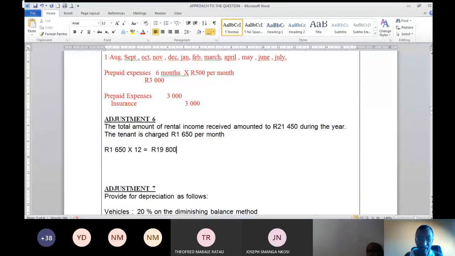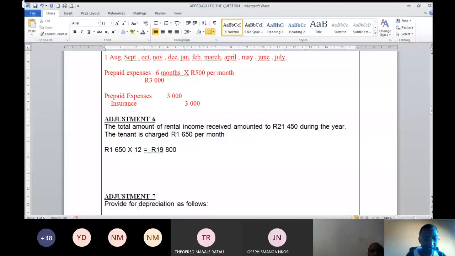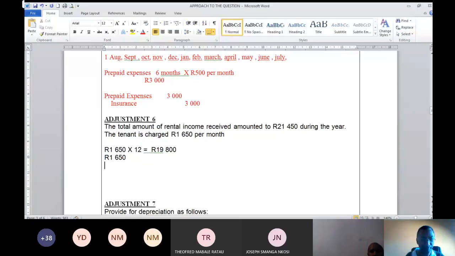However, the tenant paid 21,450. So the tenant paid 1,650 Rand too much. He paid 1,650 Rand extra.